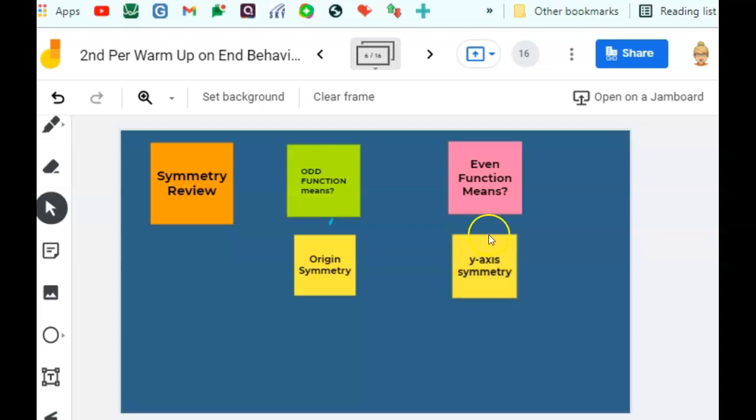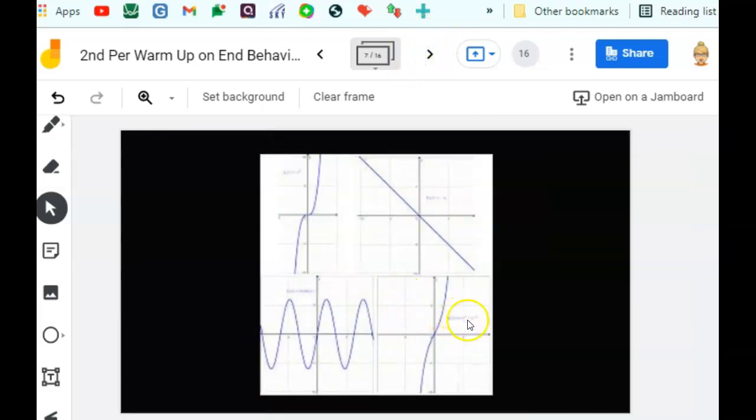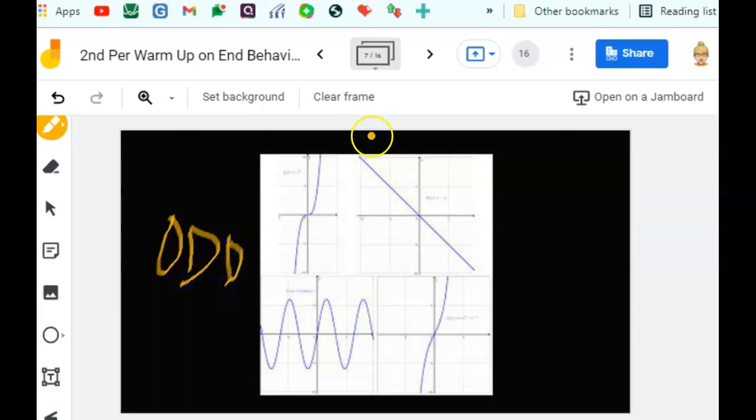So let's go to the next slide and see what's happening here. For all of them? Yeah, all of these have origin symmetry, so these would all be examples of odd, okay?